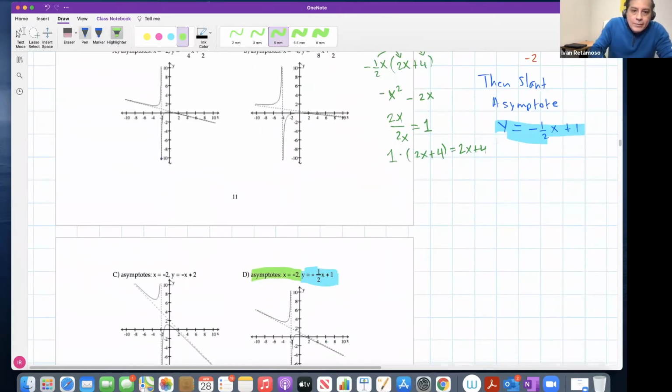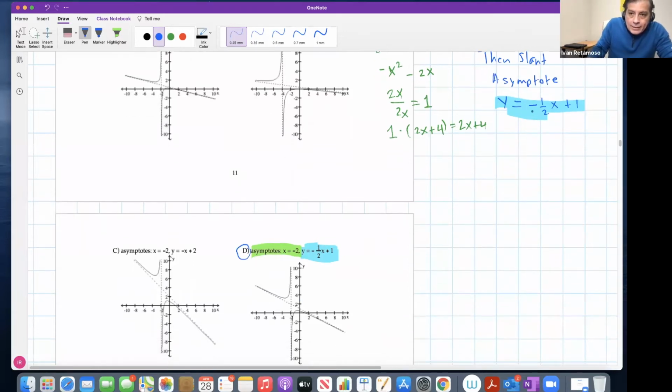But of course, if you want to make sure that this is the one, you can graph this as I did in the lecture. This equation with y-intercept 1 and a slope of negative 1/2: rise 1, run 2, but negative. You can get this, and then you have to use test points here and here to determine if it's this curve, or maybe this curve and this curve.